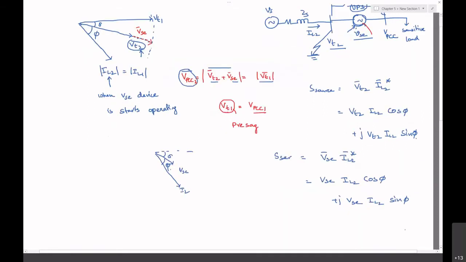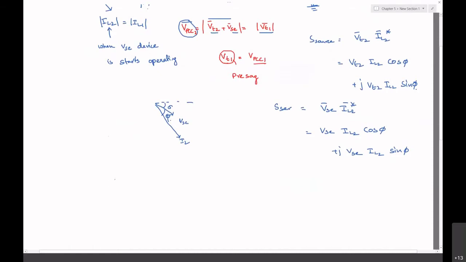Now, if you add, the total load power SL is equal to the source power SS plus the series compensator device power.